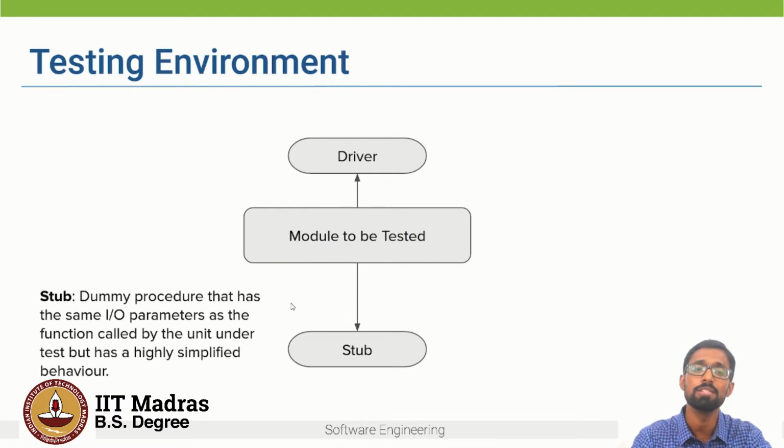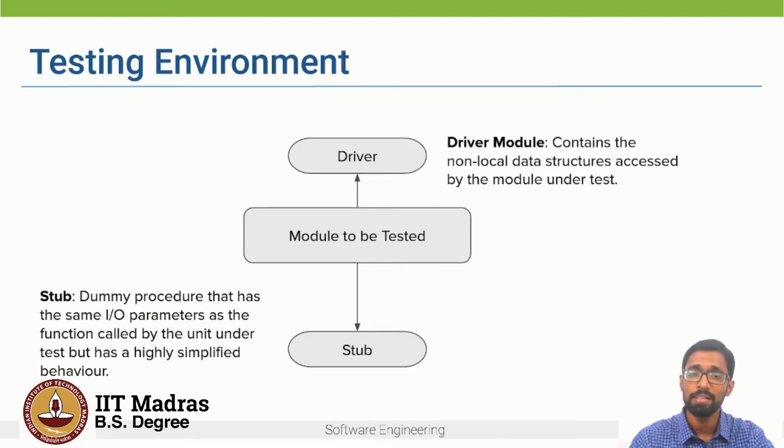And these functions are known as stubs. And the driver module contains the non-local data structures which will be accessed by the module under test. So we'll be looking at these concepts in detail in this video.